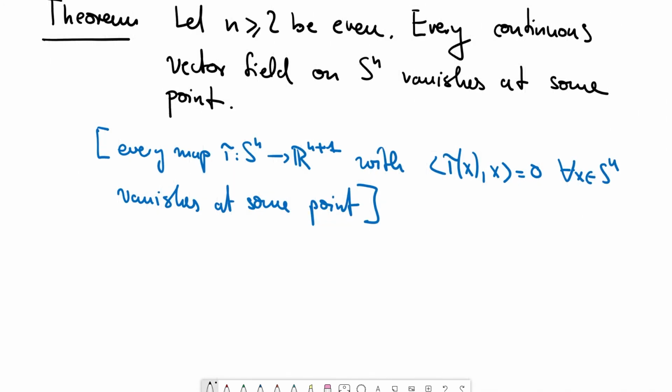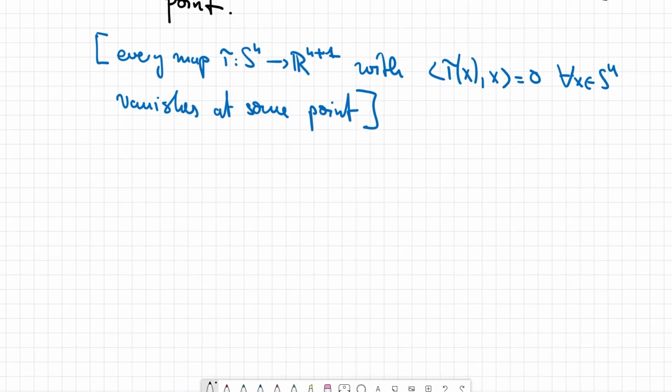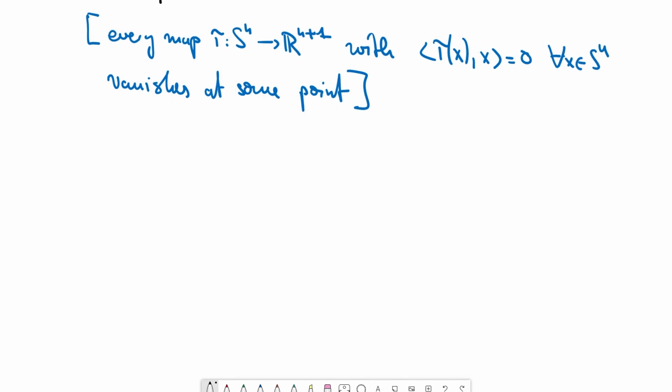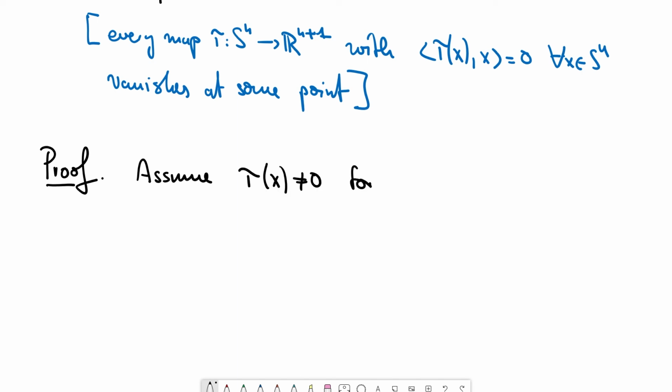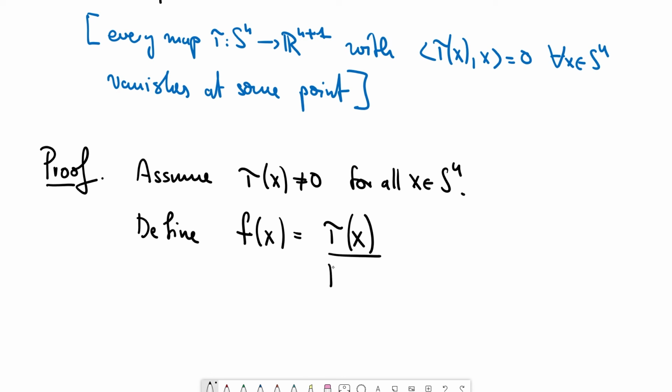Okay, we want to apply the lemma. So out of this vector field tau, we want to obtain a self-map. And we obtain a self-map of the sphere by normalizing it. So we assume by contradiction that tau never vanishes. And then we can define the self-map F by tau x divided by its norm.